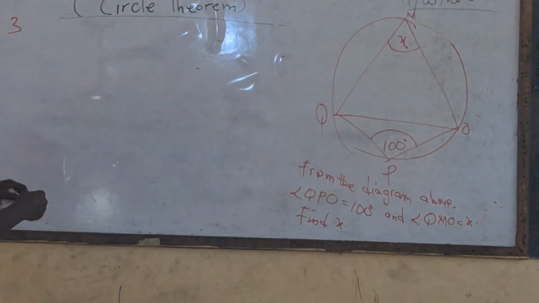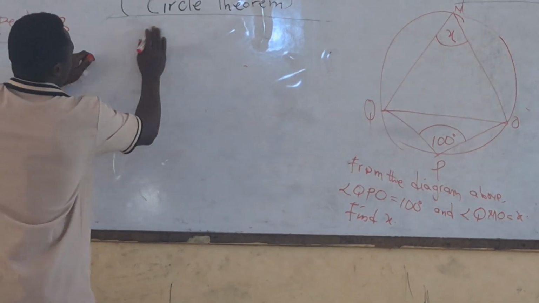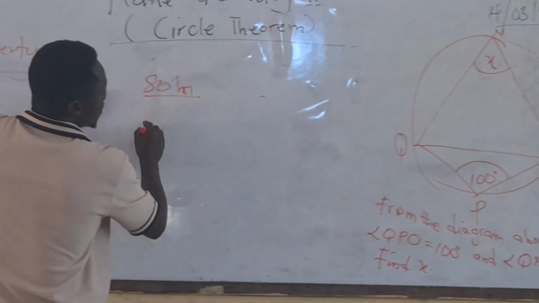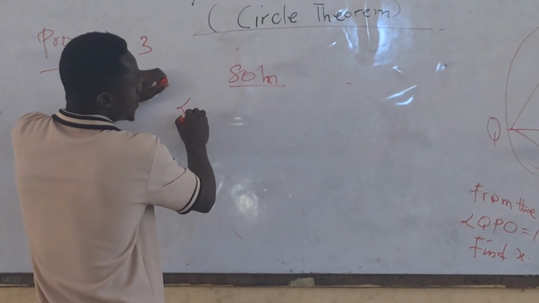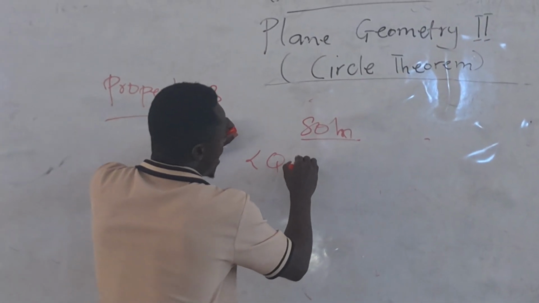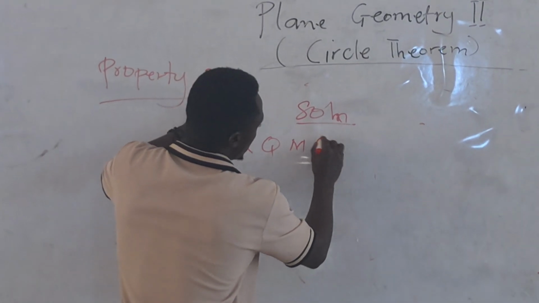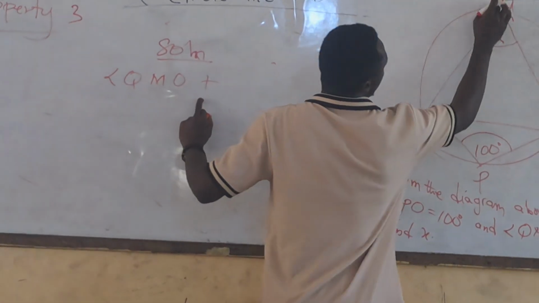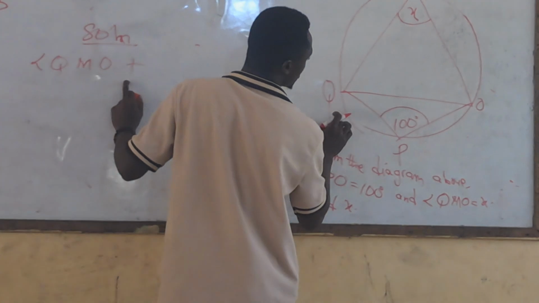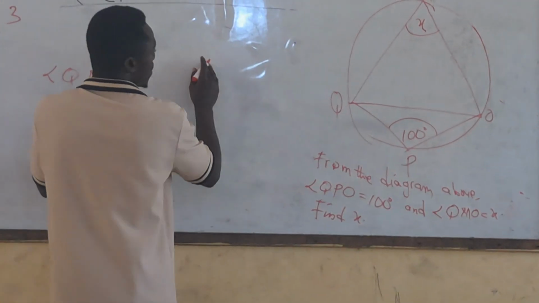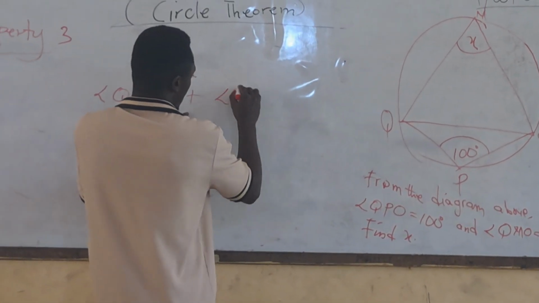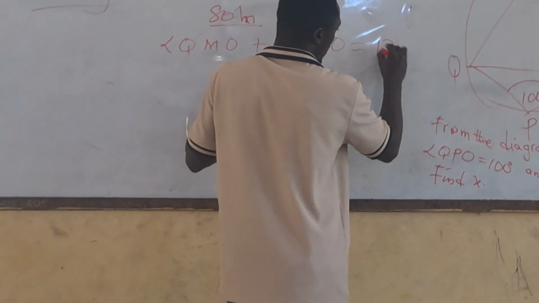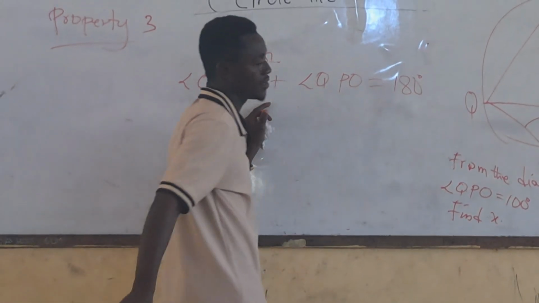So from the board we can therefore say that angle QMO plus angle QPO equals 180 degrees.